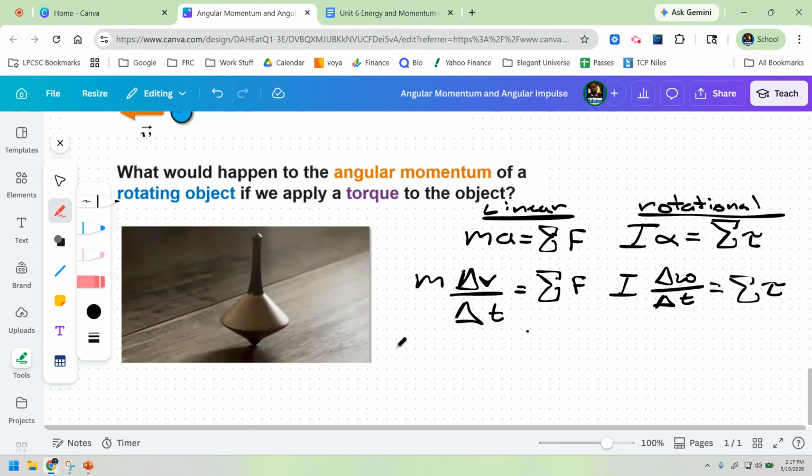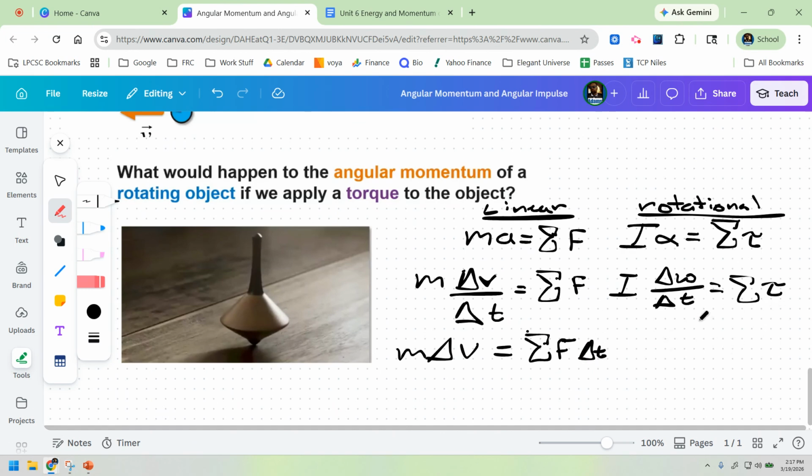Then also remember that, I don't know if you remember this or not, but if I take this equation and I multiply both sides by time, right, that becomes the sum of all the forces times time, or delta t.